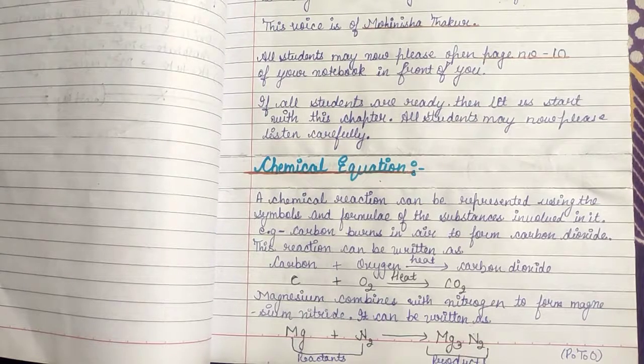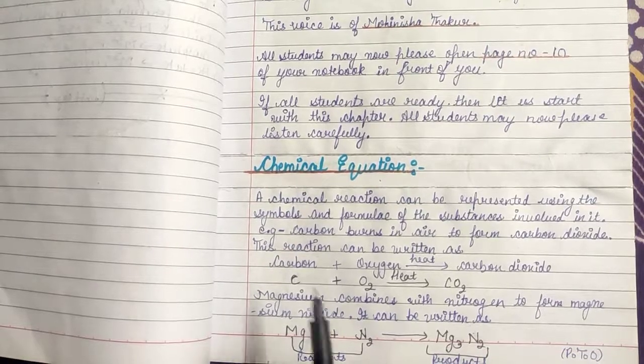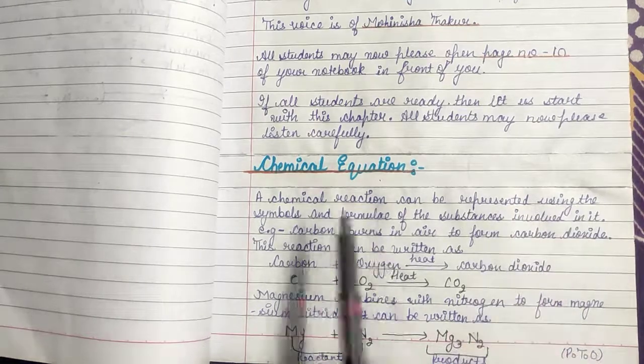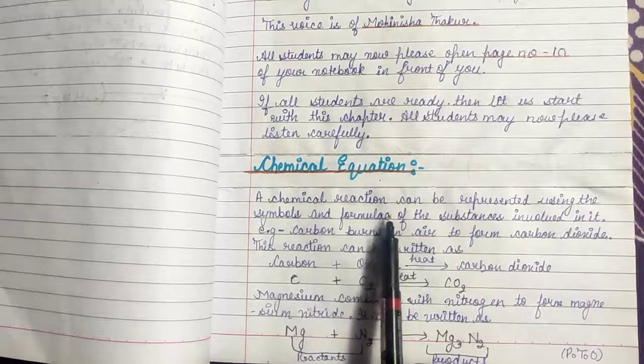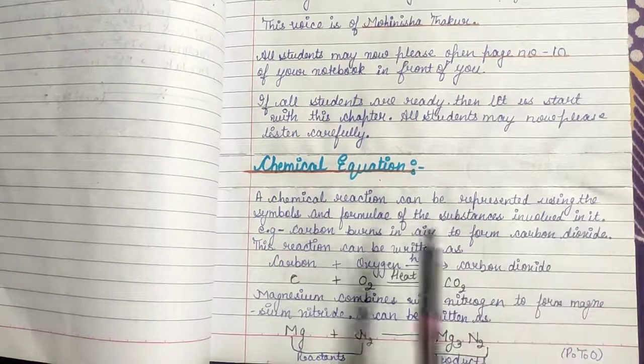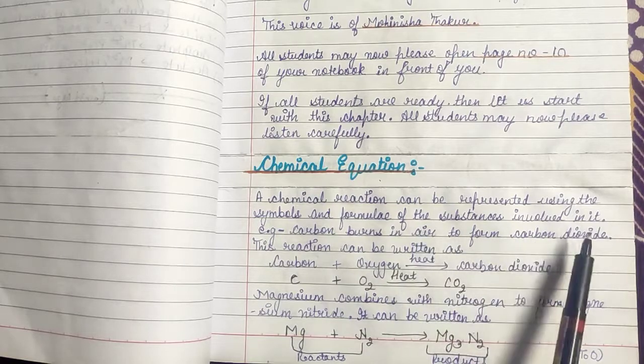Chemical equation. So students, what is a chemical equation? A chemical reaction can be represented using the symbols and formulas of the substances involved in it. Example, carbon burns in air to form carbon dioxide.